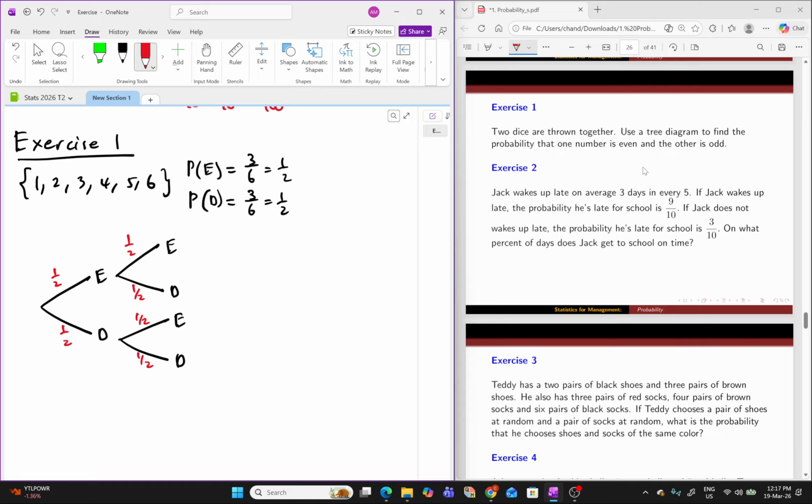They ask what is the probability that one number is even and the other is odd. So this is even, this is odd. One even, one odd, so you go by this branch. One odd, one even.